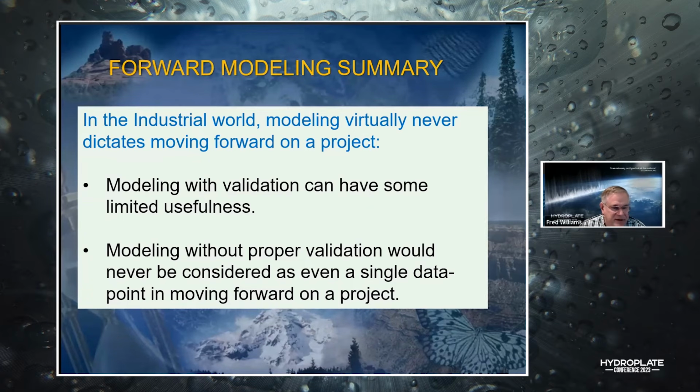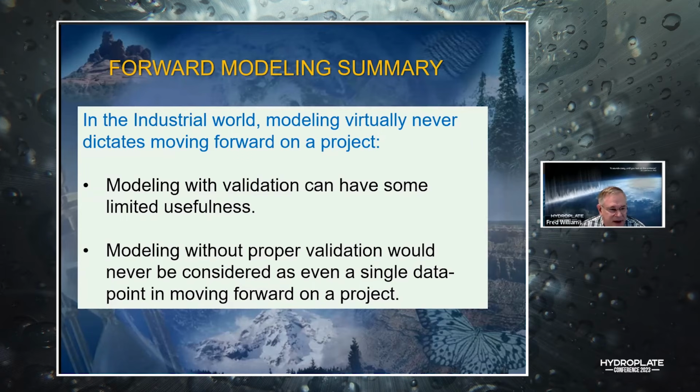A model that does not have proper validation, like if you use seismic tomography, or even worse, you use Baumgartner's model that relies on miracles, neither one would ever be considered as even a single data point moving forward on a project, if you can't validate it. They would be too unreliable.